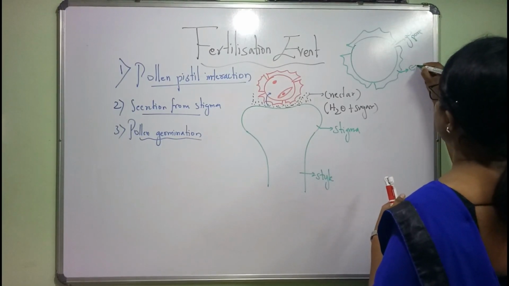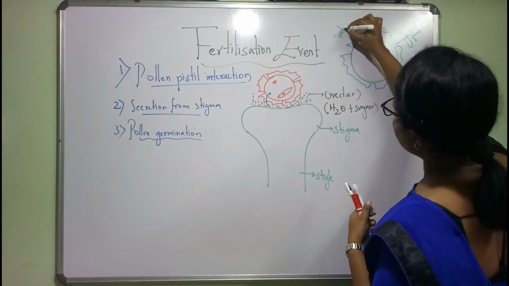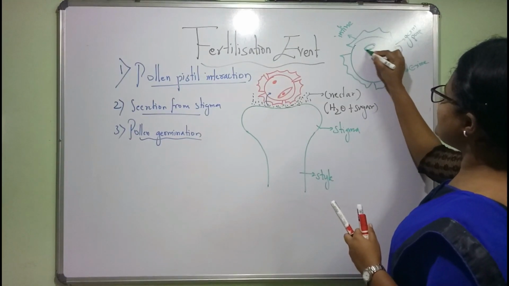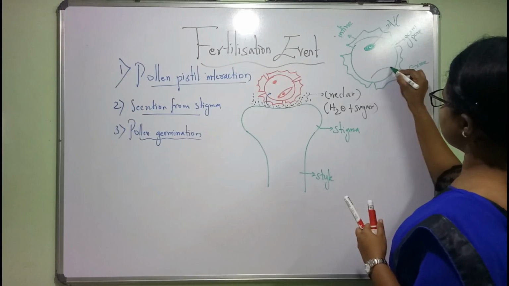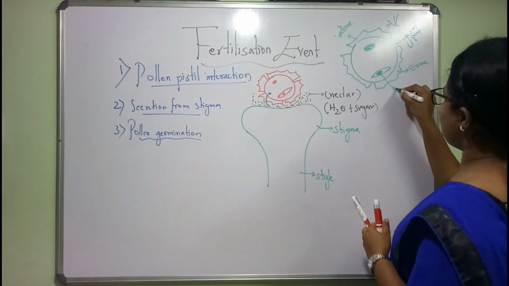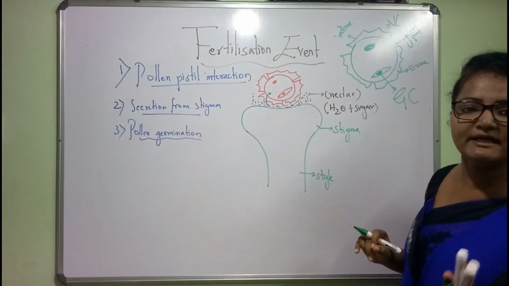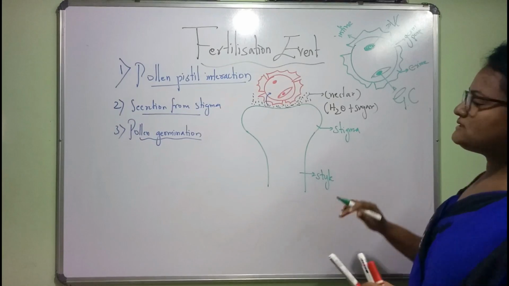This is our exine wall, the outer wall. This is the inner wall, and they contain one bigger cell, that is the vegetative cell, VC, right? Another spindle shaped small tiny cell called GC, generative cell.